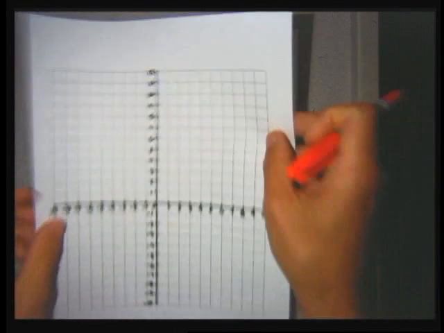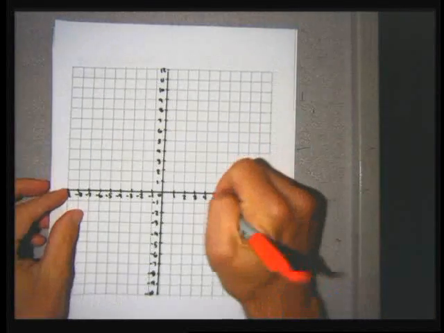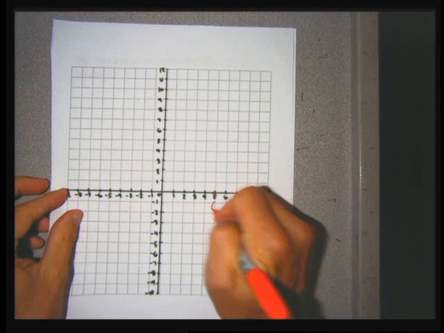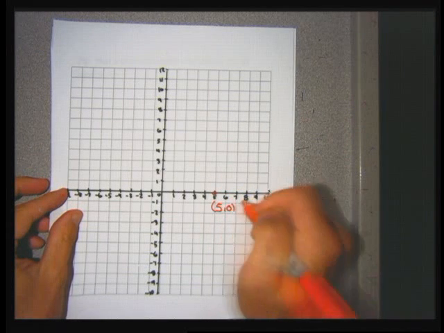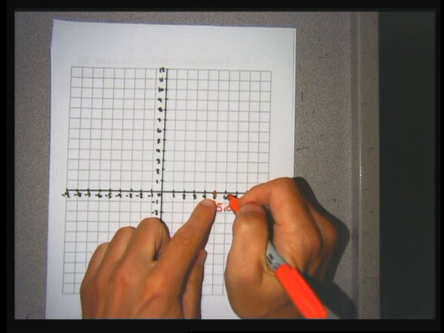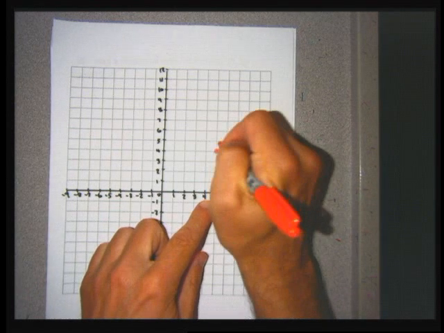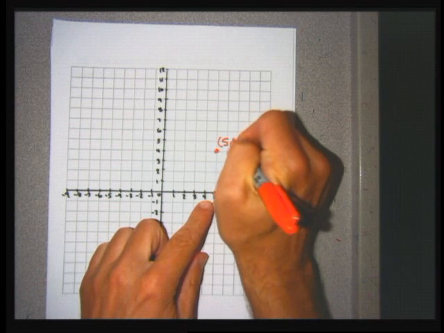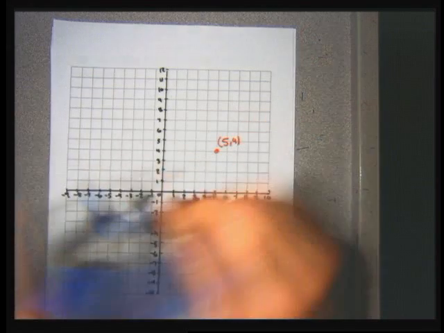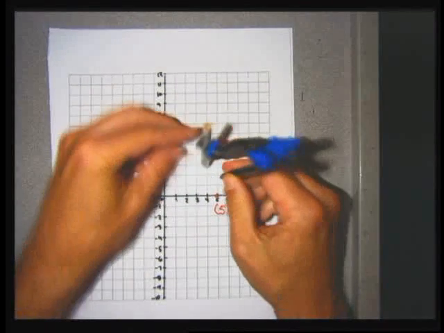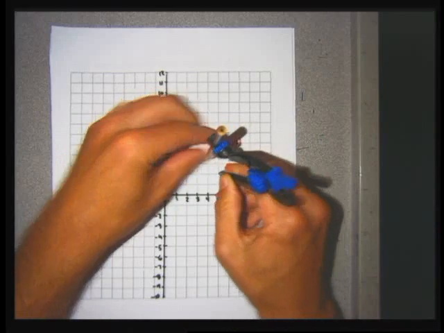So this particular graph is a circle that has one edge of a diameter at 5,4 and another edge at 5,0. And let me graph this again for you just so you can see what this graph is supposed to look like.